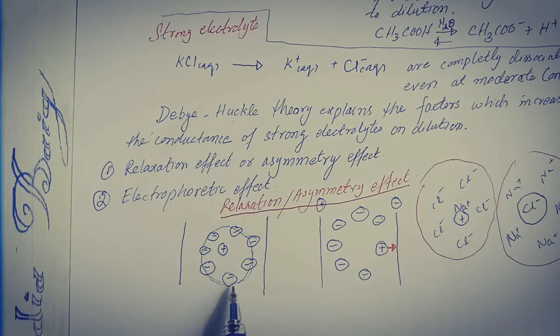So the breakdown of the symmetrical ionic sphere and formation of the new asymmetric ionic sphere are not simultaneous. There is some time lag which is called the time of relaxation.